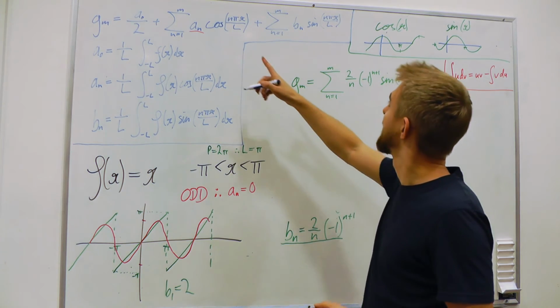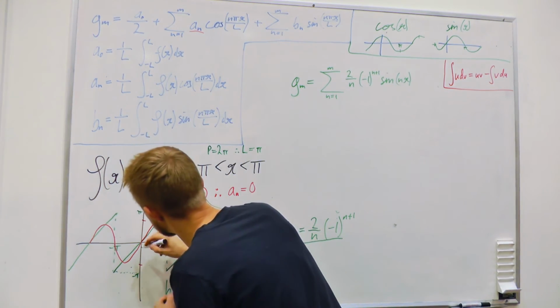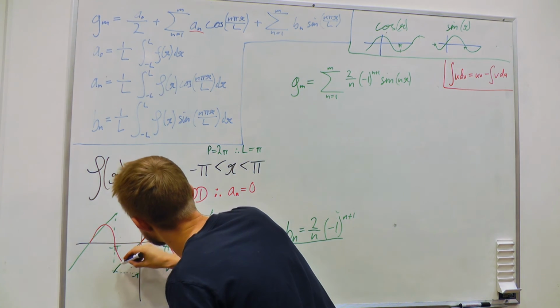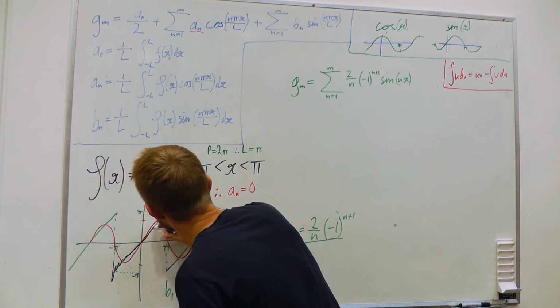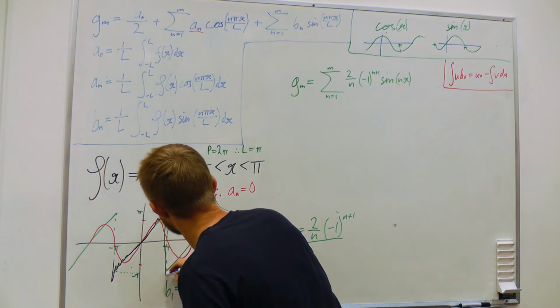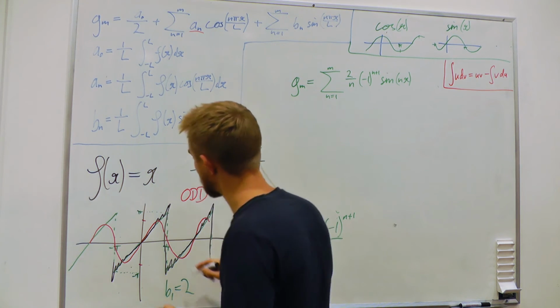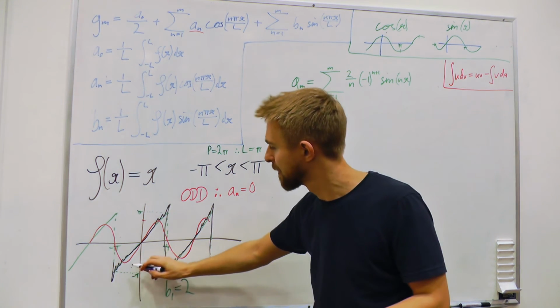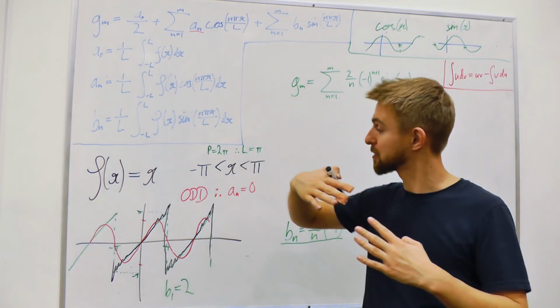And eventually, as m is getting very large, we'll have a representation that looks like this. Okay, which near the discontinuity is still quite messy. But along these long straight regions, it becomes very much like the function.